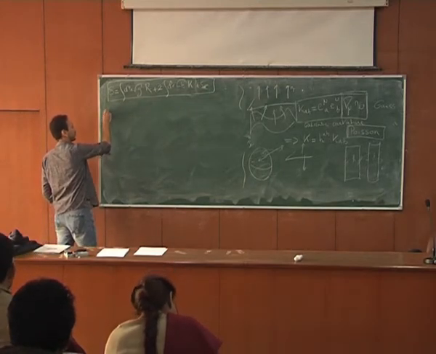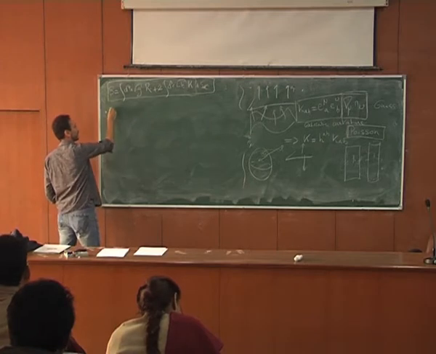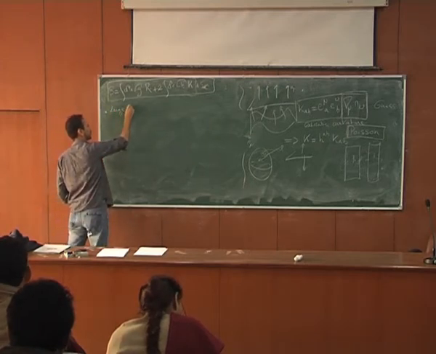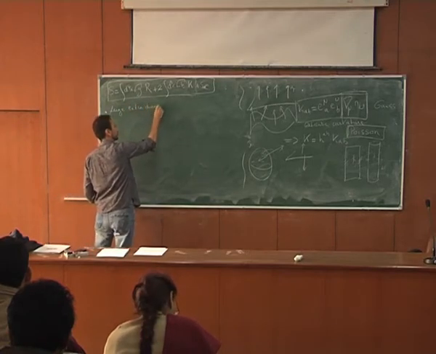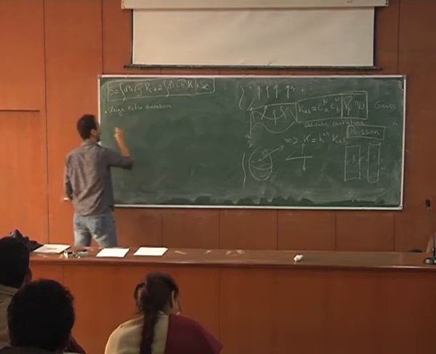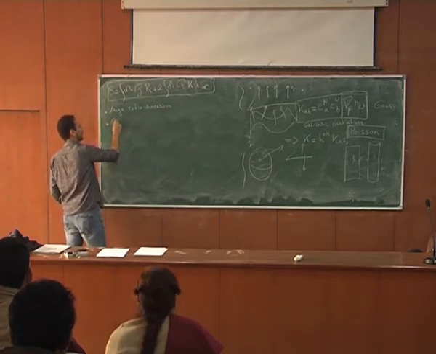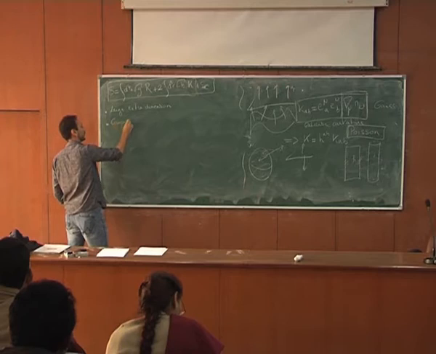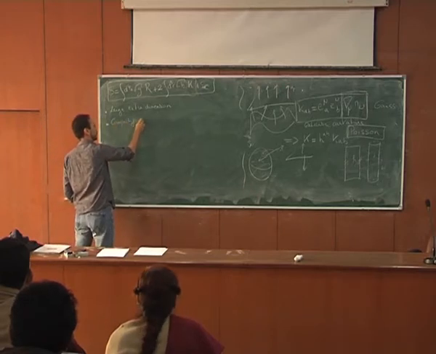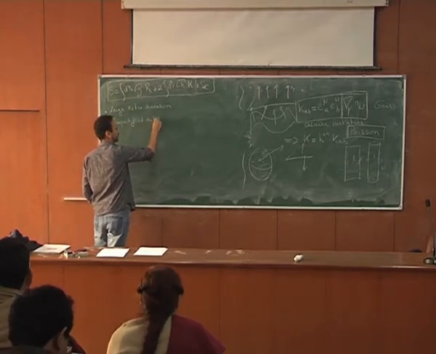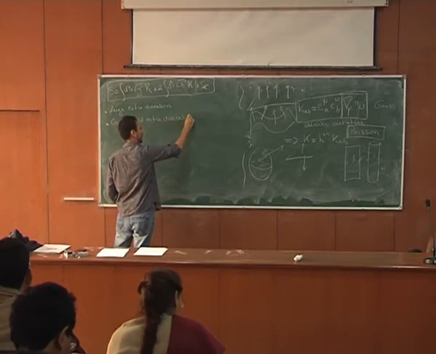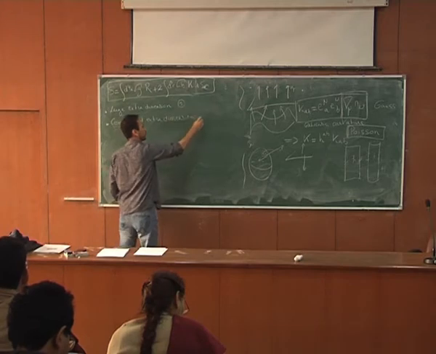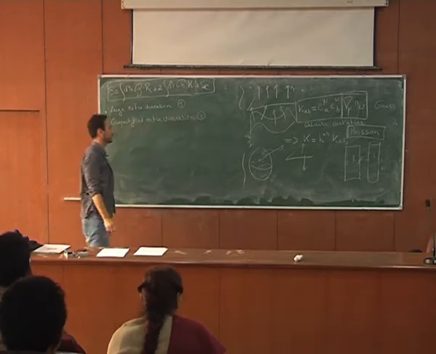One is thinking of extra dimension, large extra dimensions. And the other one is compactified extra dimension. So you have these two possibilities.